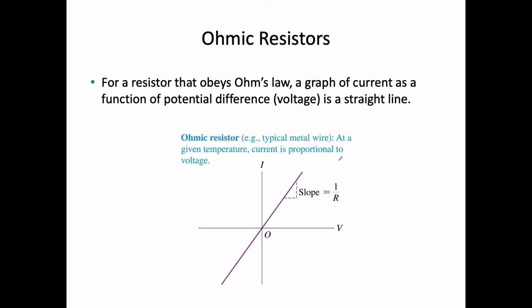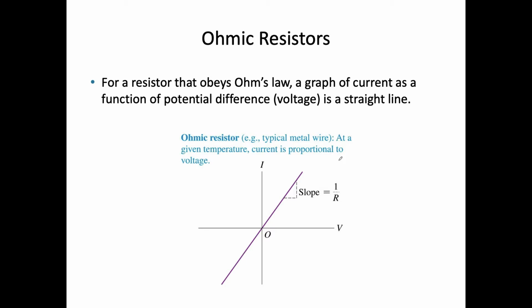And for ohmic resistors, we have Ohm's law. Ohm's law tells us that the potential applied on the resistor and the current going through the resistor have a proportional relationship.